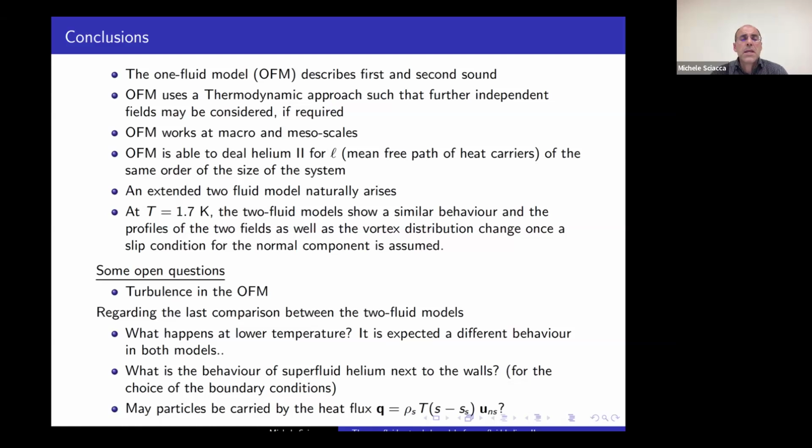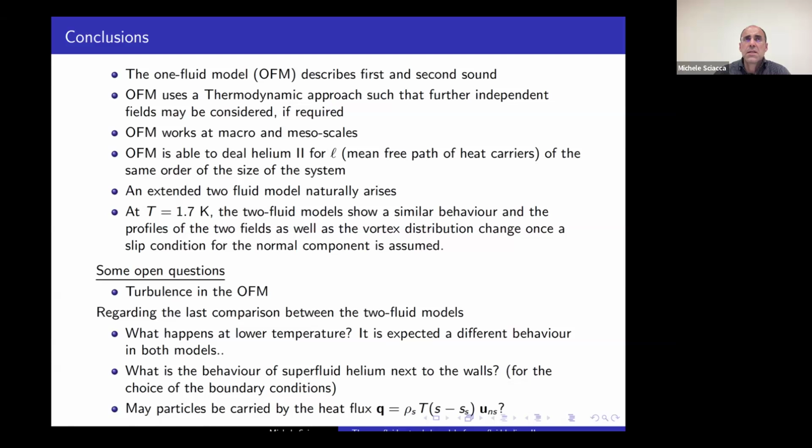Of course, there are many open questions. We claim that the presence of turbulence in the one-fluid model is unclear. We have considered an interaction between the heat flux and these entities known as quantized vortices.